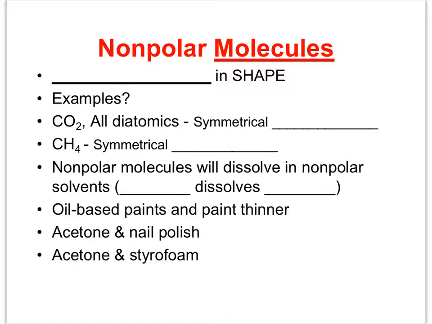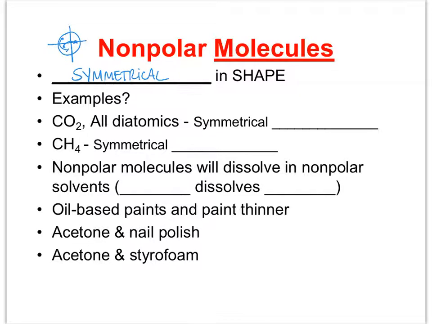So if you're talking about a nonpolar molecule, nonpolar molecules are symmetrical. They are symmetrical in shape. So just like in math class, if you have symmetry, that means that it's identical on both sides.